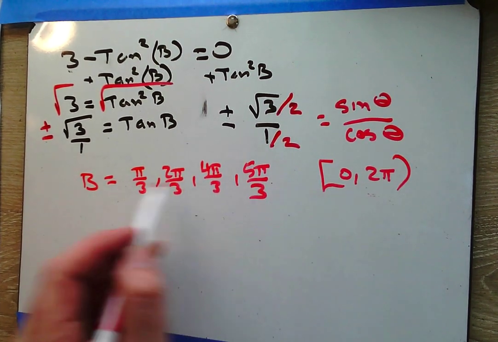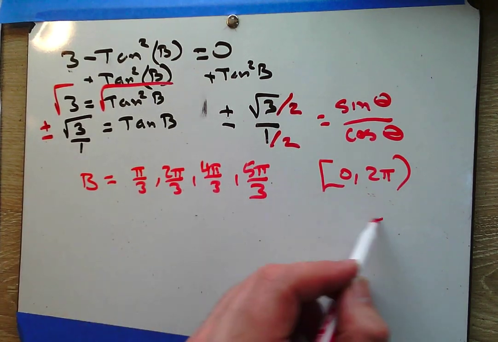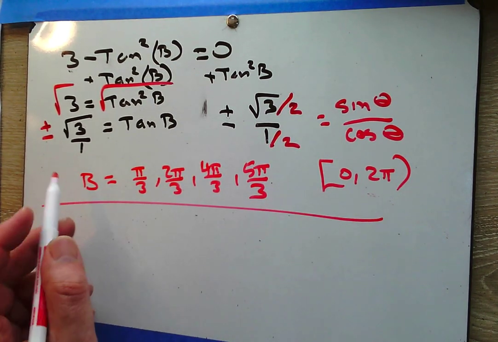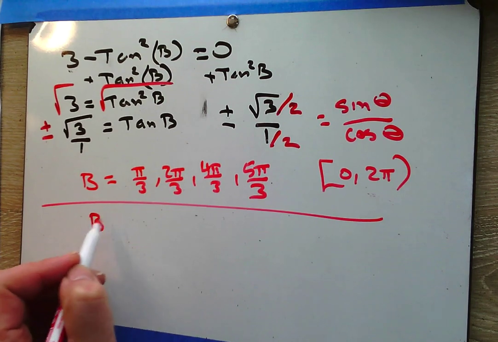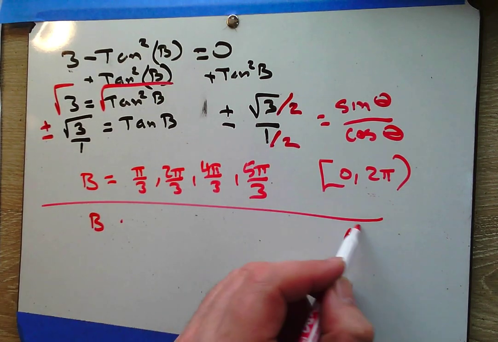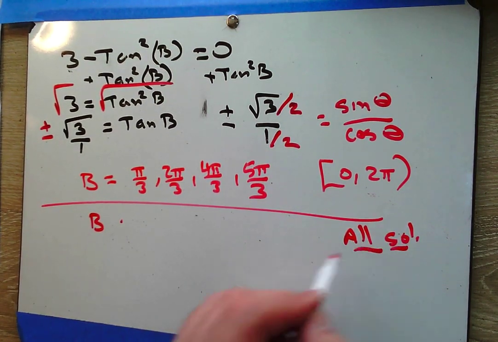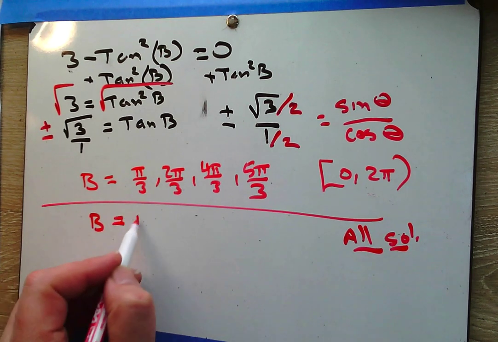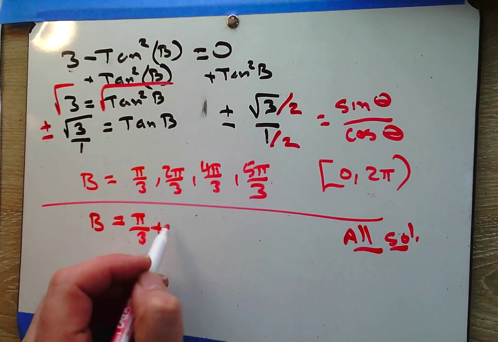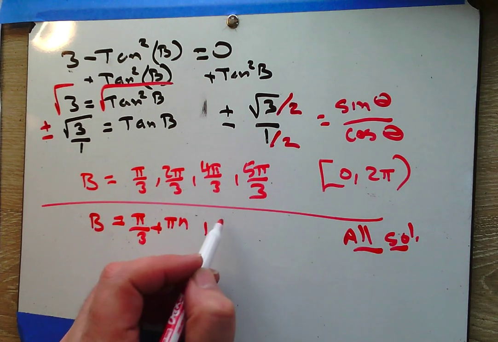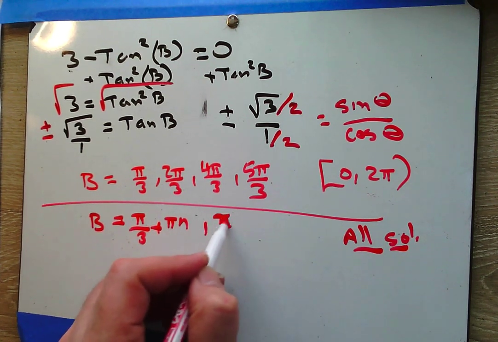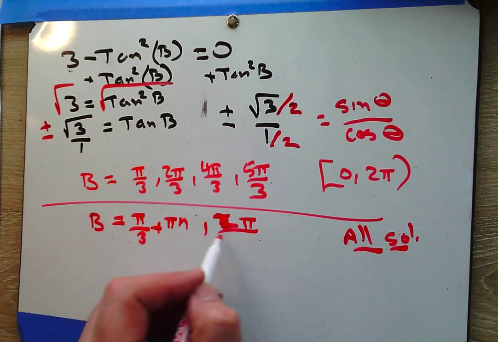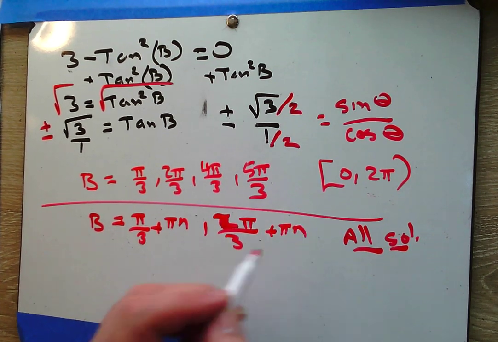And I believe these were the solutions we just saw before for secant squared minus 4. So we could say, if we were doing all solutions, beta equals pi over 3 plus pi n and 2 pi over 3 plus pi n.